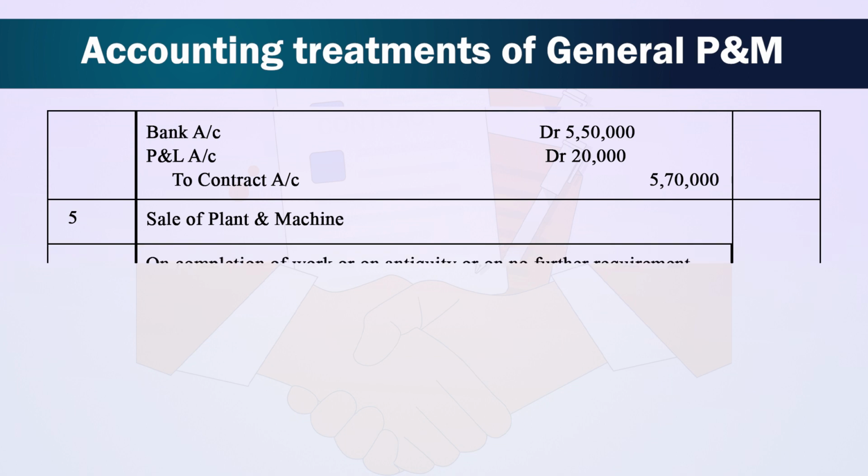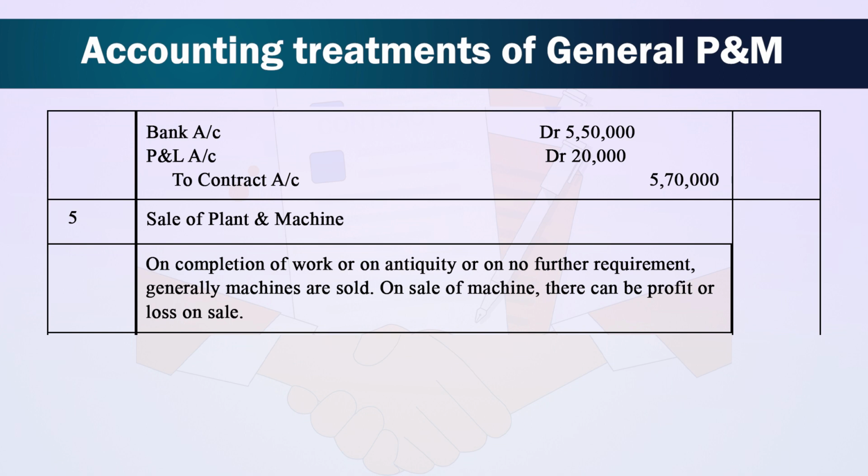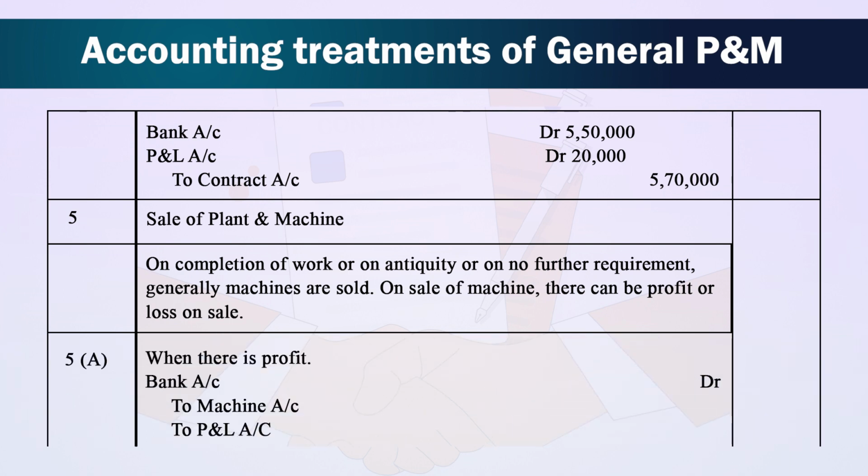On completion of work, or on antiquity, or on no further requirement, generally machines are sold. On sale of a machine, there can be profit or loss on sale. Let's understand the first situation, when there is profit. The journal entry is: bank account debit, to machine account, to profit and loss account.